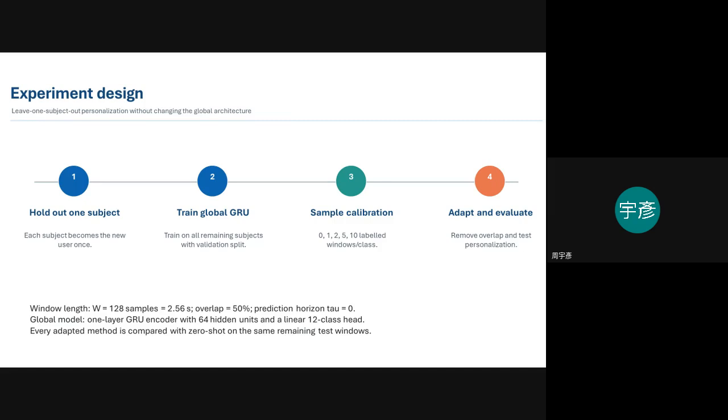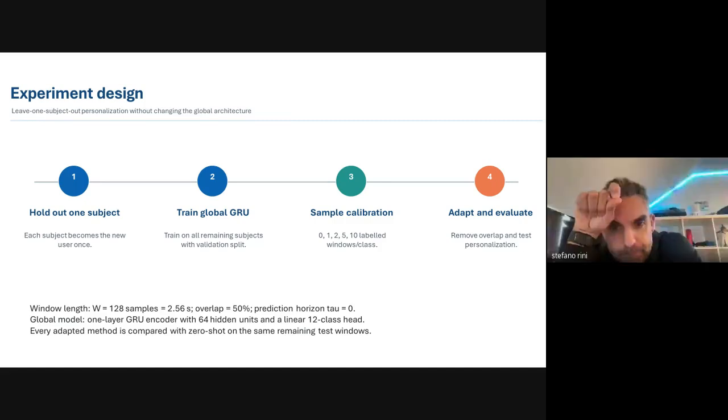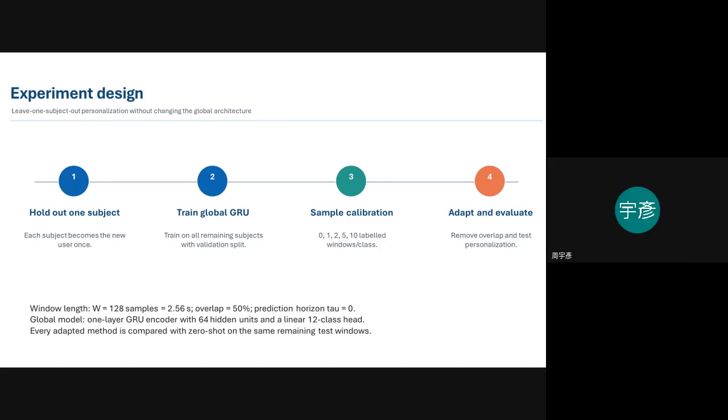After the global model is trained, we first evaluate it directly on the holdout subject. This is a zero-shot baseline, because no personalization is applied. Then we sample a small calibration set from the holdout subject. We test different calibration sizes, 1, 2, 5, and 10 labeled windows per class.